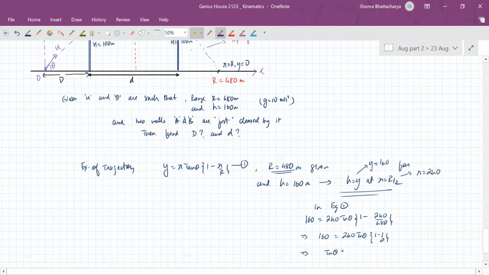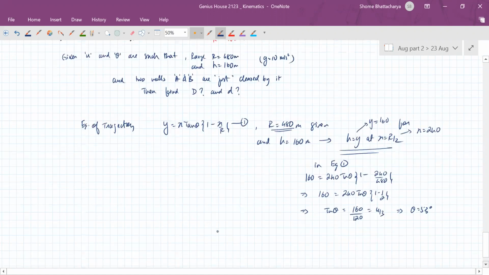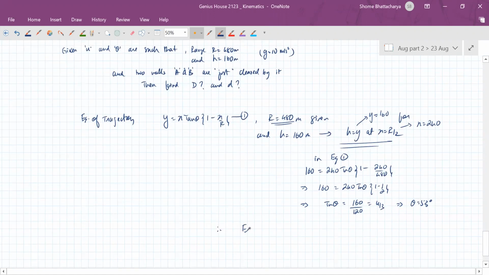So we have tan theta as 160 divided by 120 or 4 by 3, which means basically theta is 53 degrees. Okay. So going back to equation 1, it becomes y is equal to 4 by 3x into 1 minus x by 240.